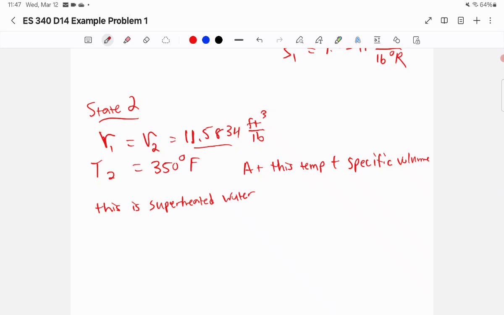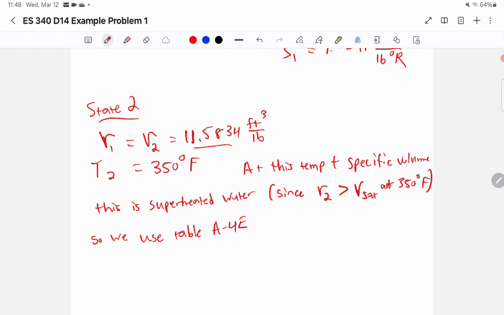So because it's larger, since V2 is greater than V saturated at 350 degrees Fahrenheit, we use table A-4E, and at that temperature we need to interpolate that temperature and specific volume.